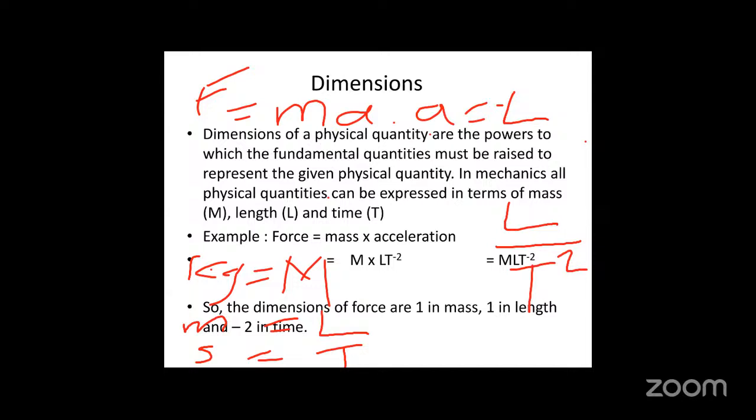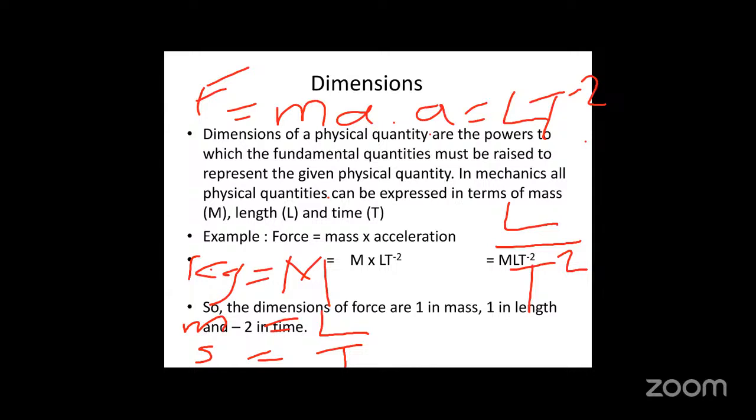So if I move T squared up, it will be T raised to minus 2. That is what I will have. So my acceleration is represented in dimensional formula as L T minus 2. That is meter per second square.